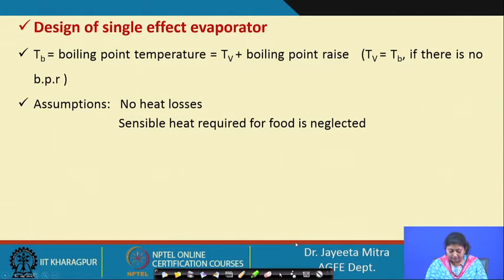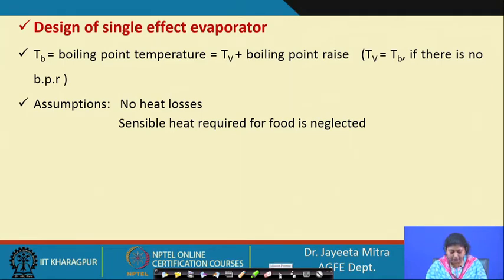Before solving this, we will make certain assumptions. We assume there is no heat loss. That means whatever heat the steam supplies by condensing, the total heat will be utilized by the solution, that is the feed, to evaporate and become concentrated.